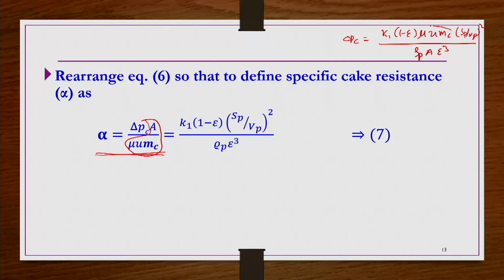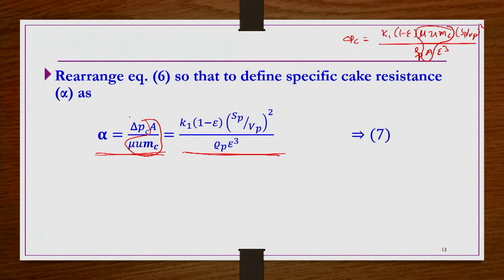Out of this, mu u mc by A I am taking to the left hand side, so that I can join it with delta Pc as delta Pc A divided by mu u mc, and keep all other terms on the right hand side itself.